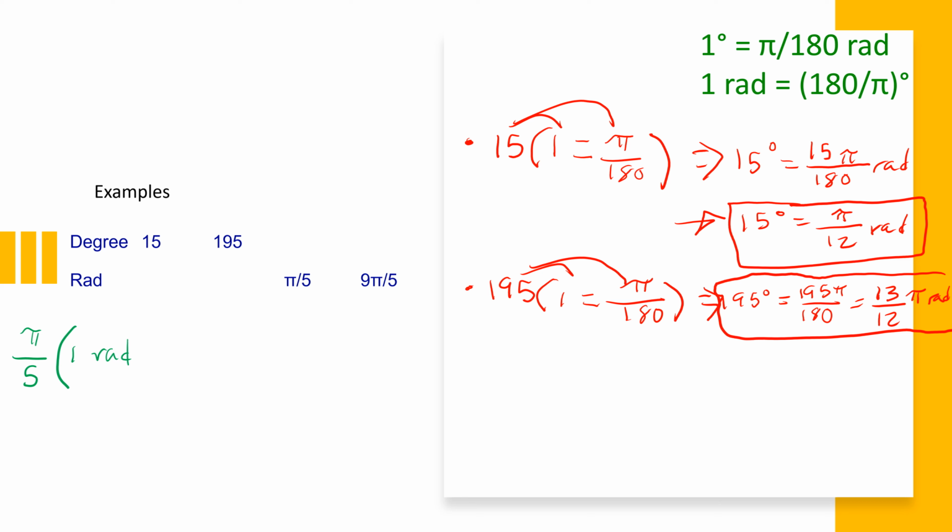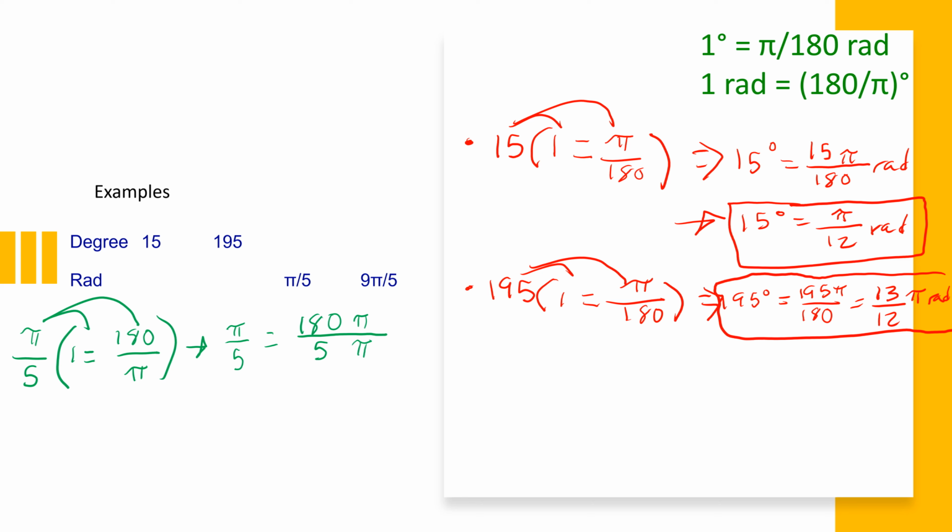Actually, let me erase this. Let me hold off on the units because I think that might make things a little bit cleaner. So I'm going to distribute this pi over 5 to my formula, so I get pi over 5 equals 180 times pi all over 5 times pi.